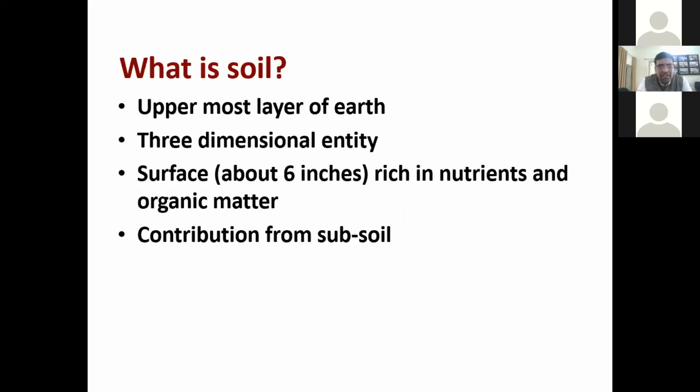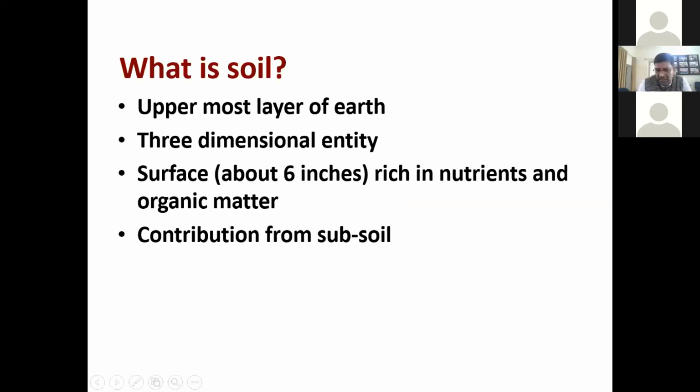Basically, first we should understand what is soil. You all almost know it is the uppermost layer of earth, but whenever we talk about three dimensions, then only is soil complete. Otherwise, if we talk in two dimensions, it is incomplete. So depth is always required whenever we talk about soil.